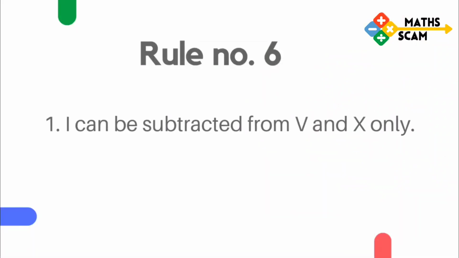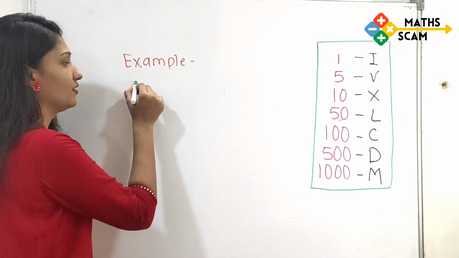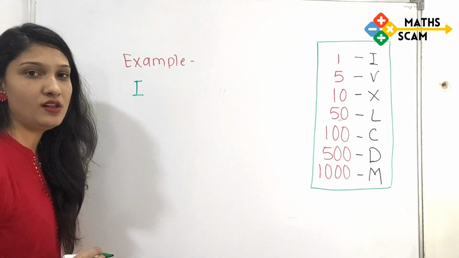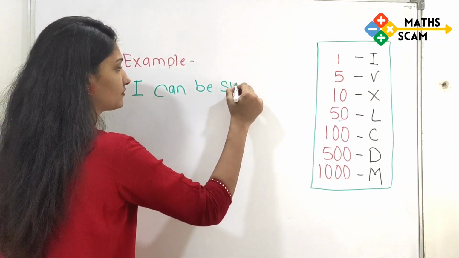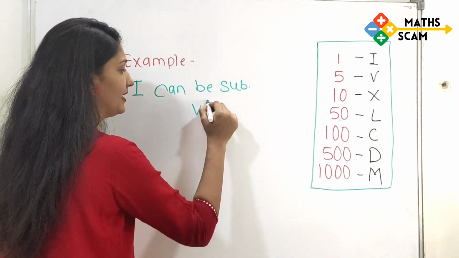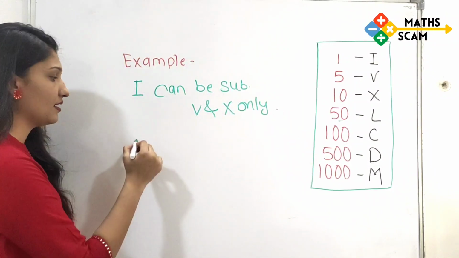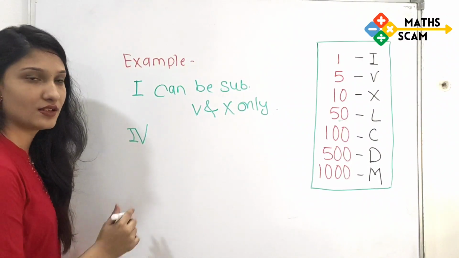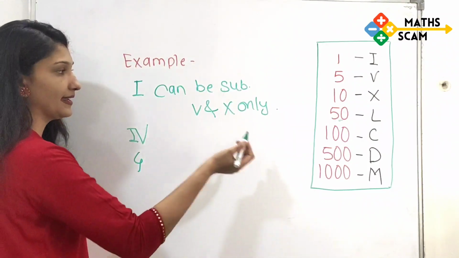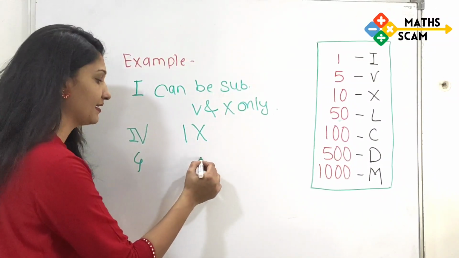Rule 6. I can be subtracted from V and X only. So what do they say in the rule? I can be subtracted from V and X only. So I can only write IV, so it is 4. I can only write IX, that is 9.